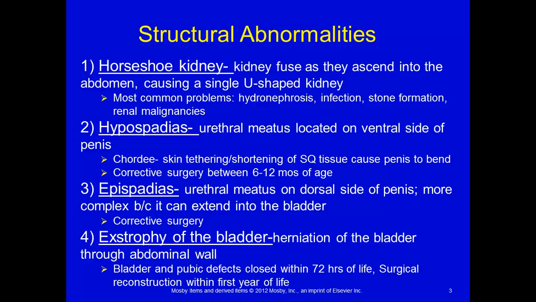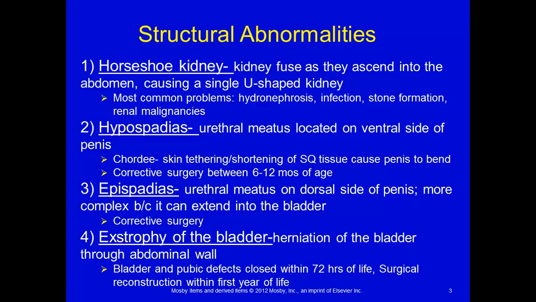All right. And then the last one on this slide is exstrophy of the bladder. So this is literally where the bladder is on the outside of the body in these babies. It's a herniation of the bladder through the abdominal wall.